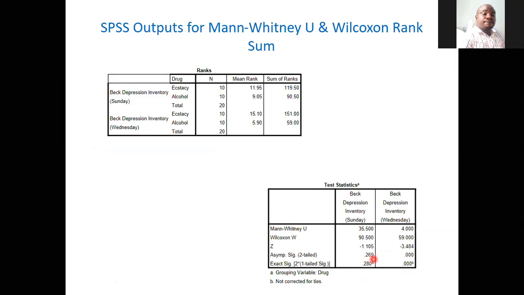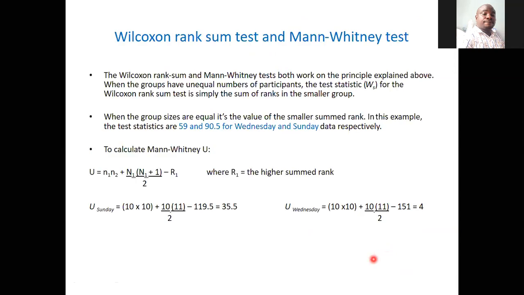You will see that the value for Wednesday is smaller, because the smaller, the more likely it is to be significant. I think for that degree of freedom the critical value is 11. So 4 is less than 11, so it is significant, while 35.5 is greater than 11, so it will not be significant.